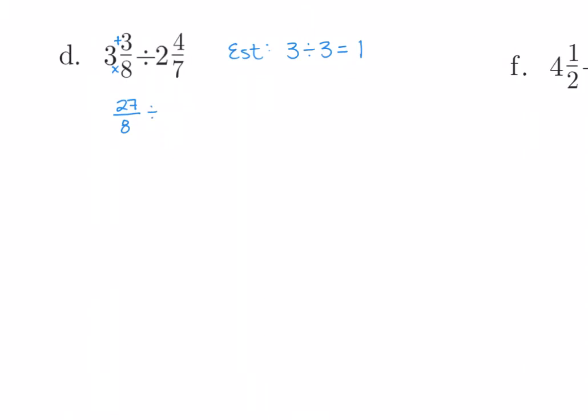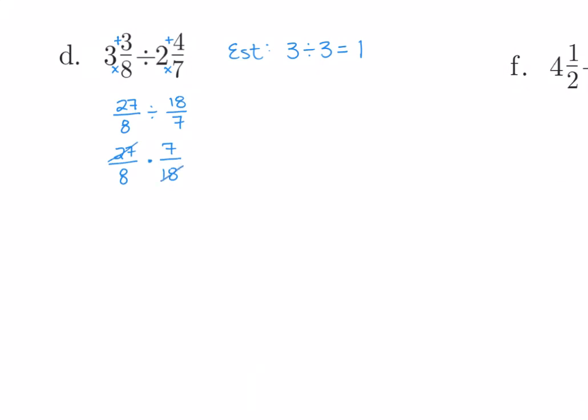Divide by, we get 7 times 2 is 14, plus 4 is 18 over 7. All right, we can go ahead and copy dot flip. We get 27 over 8 dot 7 over 18.